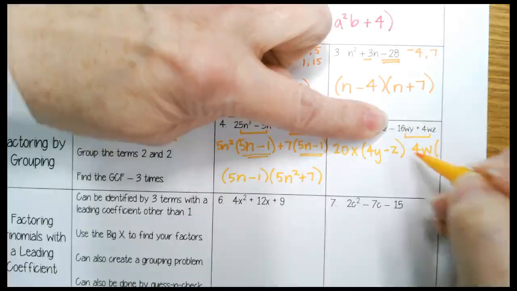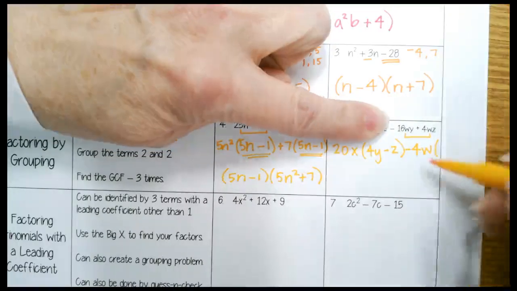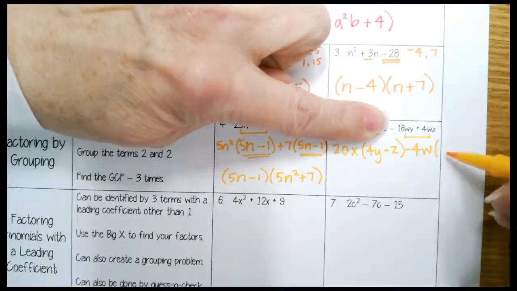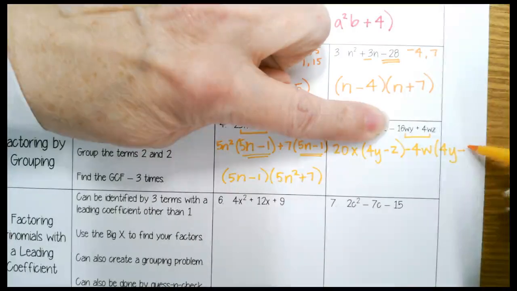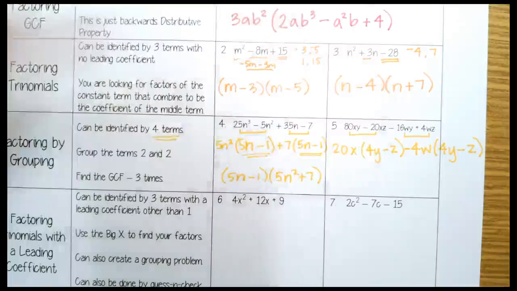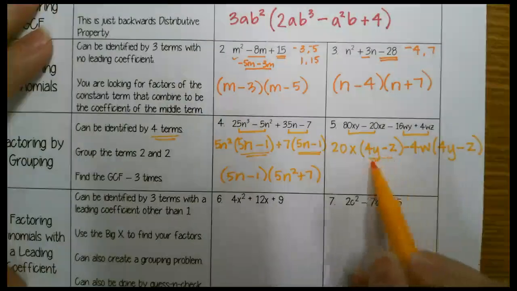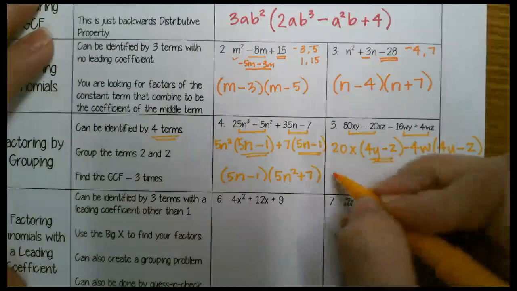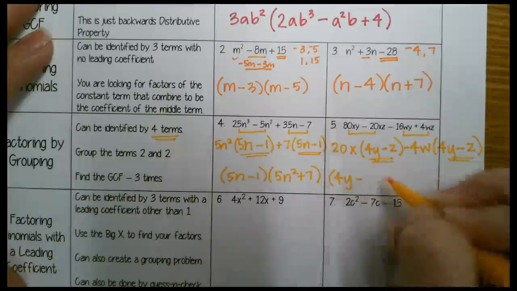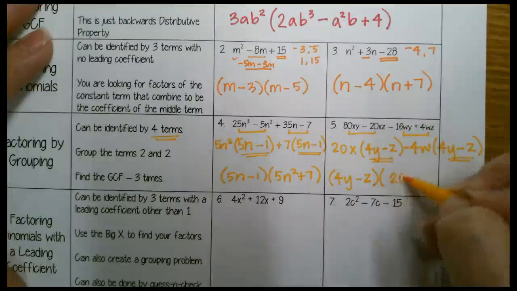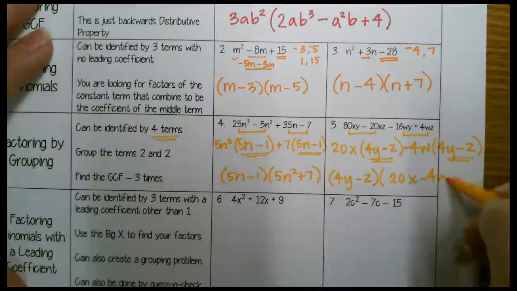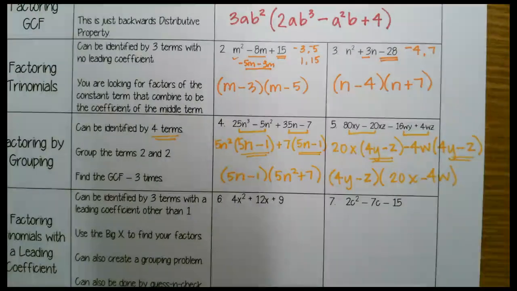So that means I need to take out a negative 4w, and then what would be left over would be 4y minus z. And now I have a common factor right there, so I know 4y minus z is one answer, and then 20x minus 4w would be the other.